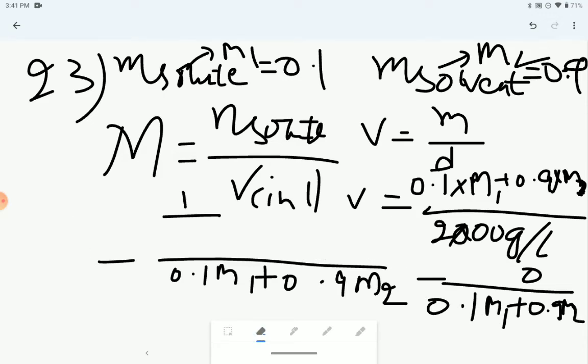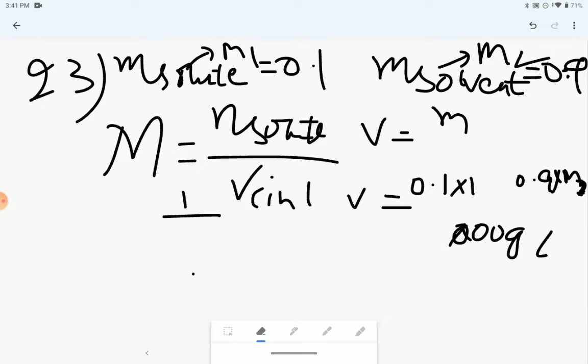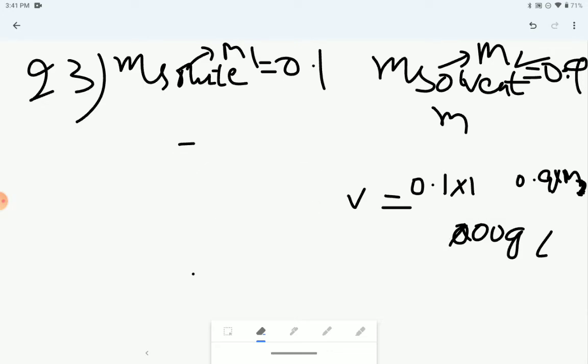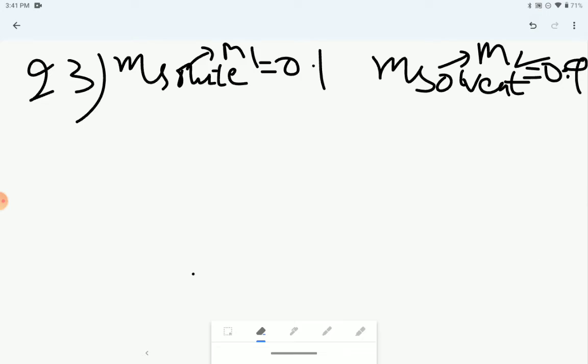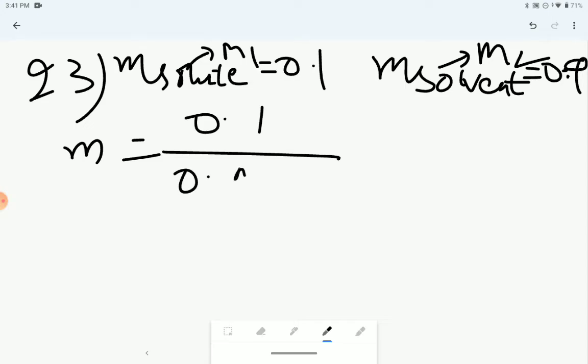So now we should calculate molality. Molality comes out to be the number of moles of solute, the same 0.1, by the weight of solvent in kgs, which is 0.9 into m2.